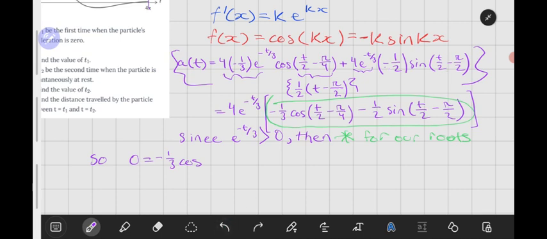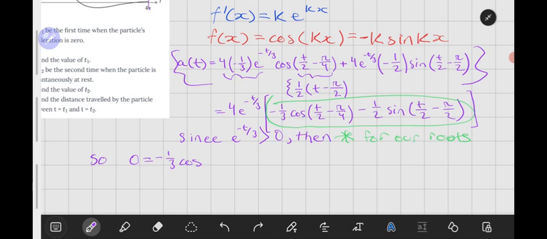Okay, and then we can take out our like term of the base e from our function, and we can acknowledge the fact that since e to the power of negative t over 3 is always greater than 0, it will not influence our roots. It's not the factor that we're looking for.